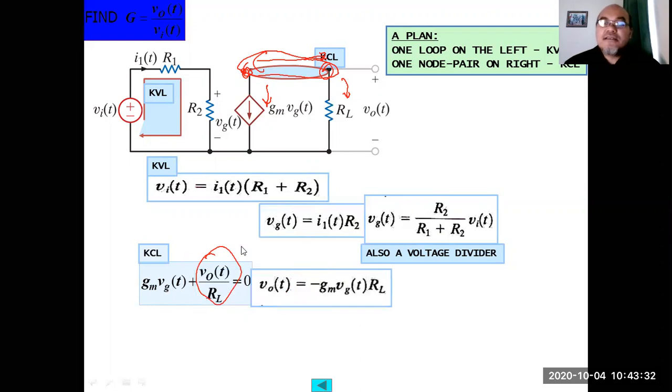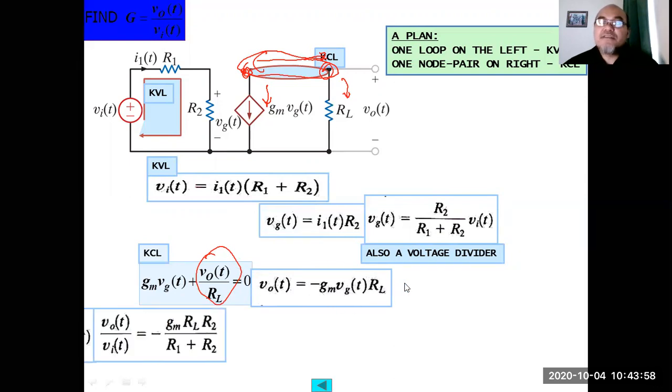As a result, we obtain VOT equals minus, since the left side is put to the right side of the equation, that is why it becomes negative. It still contains the gm factor and the VGT multiplied by RL. The RL on the denominator comes to the right side and becomes the numerator. That's why it is multiplied by this minus gm VGT.